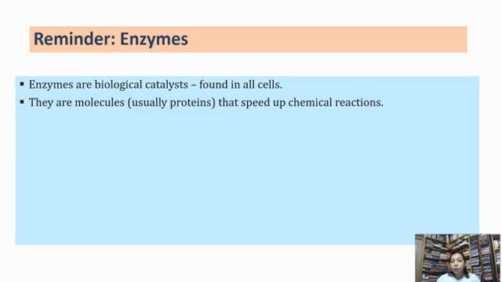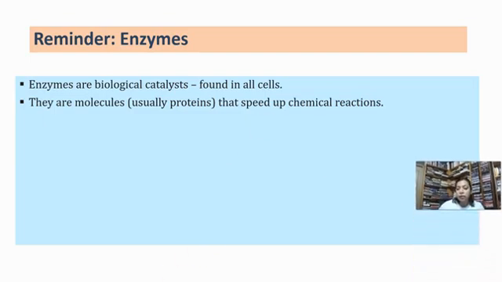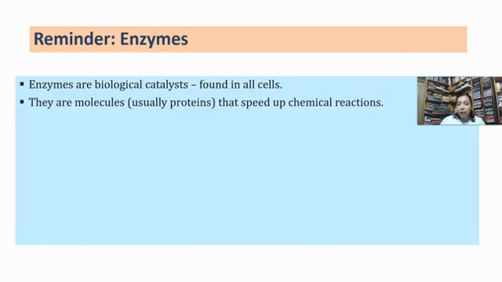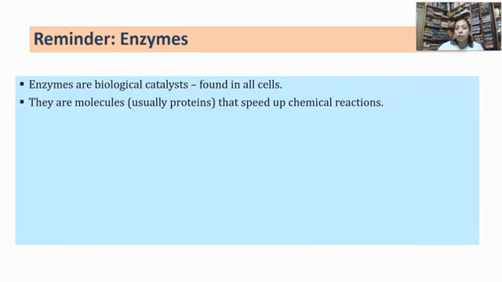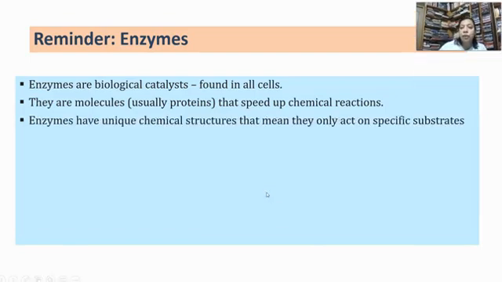They are usually proteins, and their purpose is to speed up chemical reactions. So they're not actually causing the reaction to occur, they're just speeding up the reaction that was going to happen. They don't get used up in the process, so they can just go through and do that cycle over and over and over again. So they're recyclable, they are reusable.